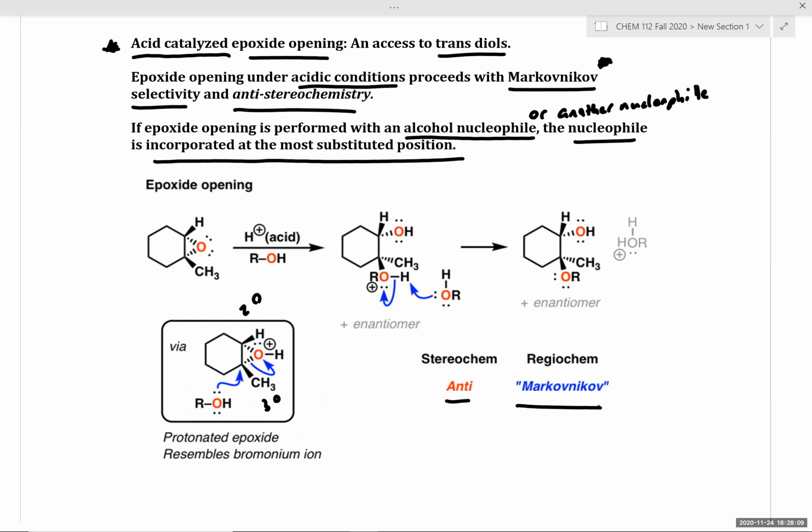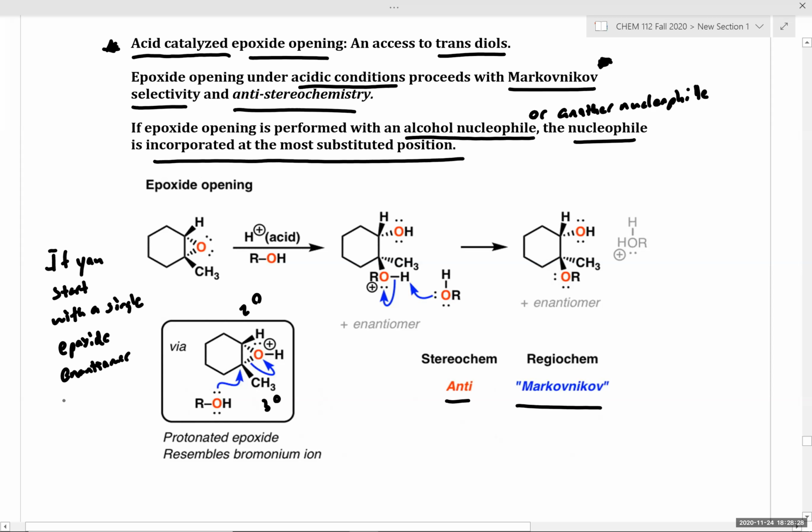Now, one thing that I'd like you to appreciate is that if you start with a single epoxide enantiomer, you get a single product.